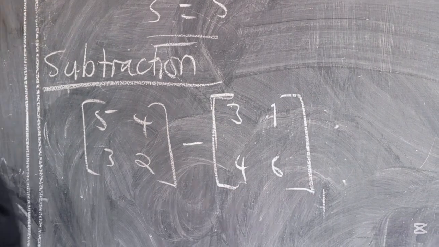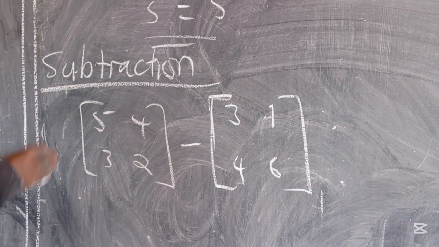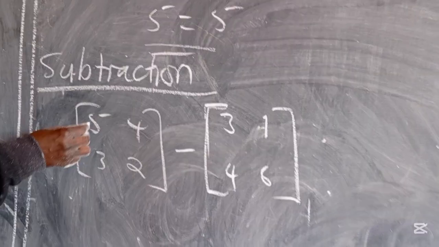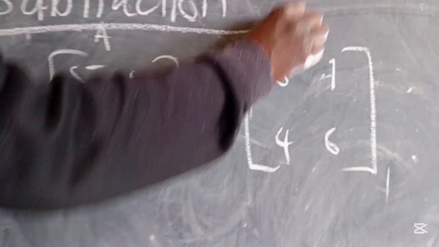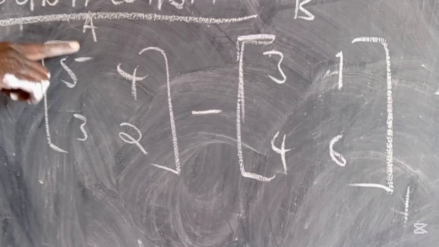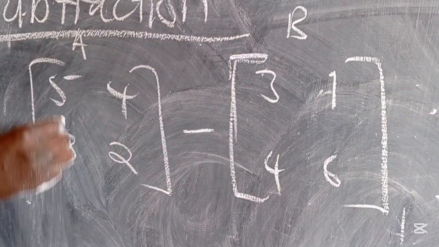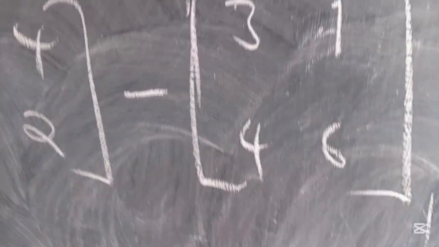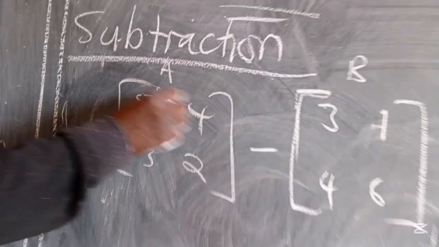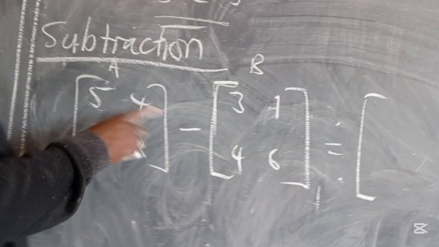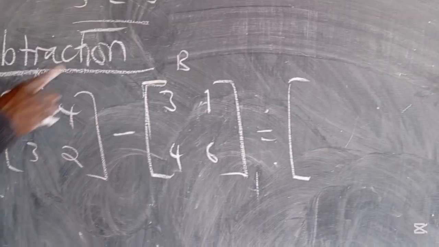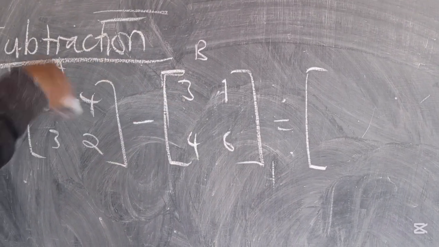They say subtract this. Imagine this is matrix A, this is matrix B. They are subtracting A minus B. You agree with me that this 5 minus 3, it will be a 2. 5 minus 3, the first entry should deal with the first entry, like addition.